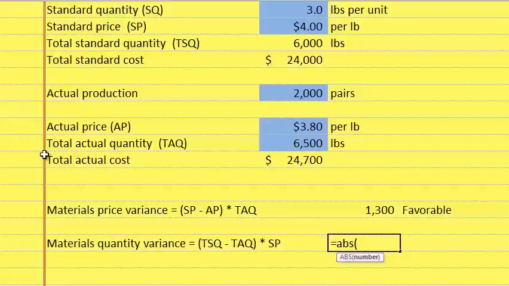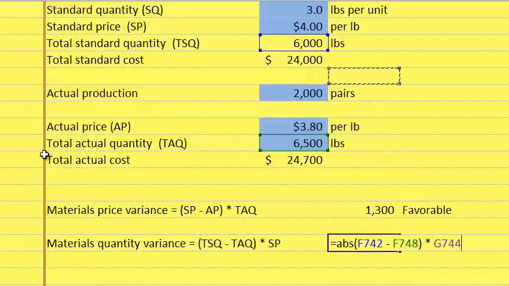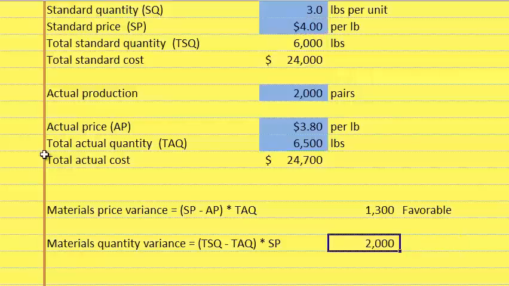Total standard quantity of 6,000 pounds minus total actual quantity of 6,500 pounds is obviously going to be a negative number. I don't want a negative sign on a variance, so I put the absolute value function in there. And I multiply that extra 500 pounds that we used times the standard price of $4 per pound. And there is a $2,000 materials quantity variance.